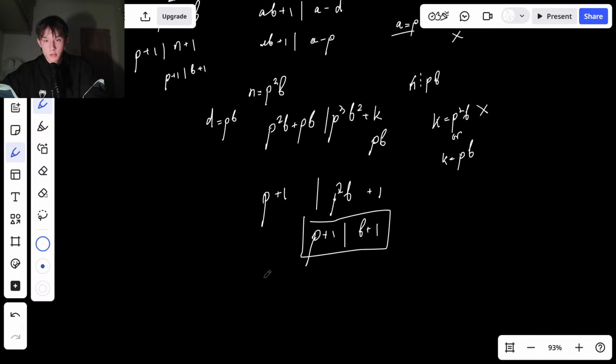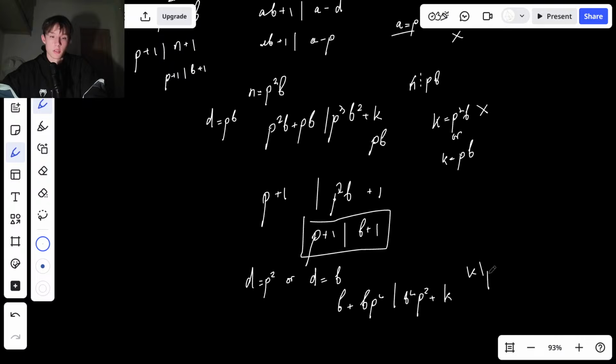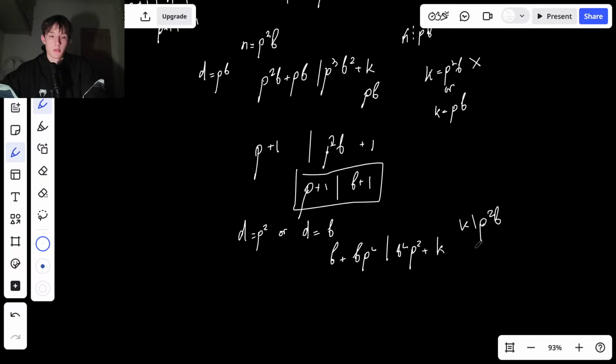Okay, now let's try taking d equals p squared, for example, or d equals b. So if I try d equals b, I get b plus bp squared divides b squared p squared plus some number k, and k divides p squared b. k is divisible by b, so k is equal to kb.